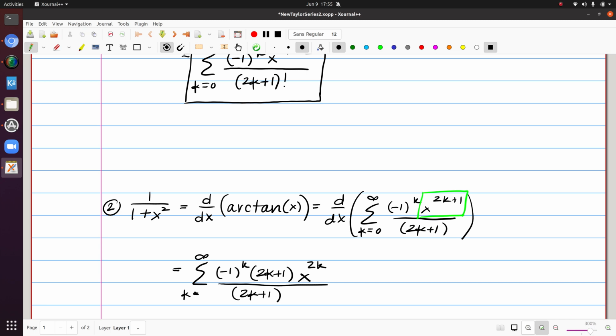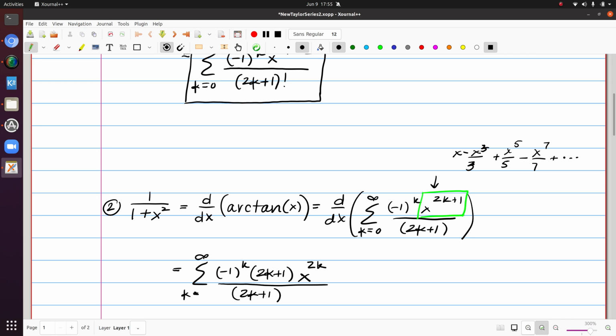What I want to note is that the original series, if we were to write out the terms, would be, starting at k equals 0, x minus x cubed over 3 plus x to the 5th over 5 minus x to the 7th over 7, etc.